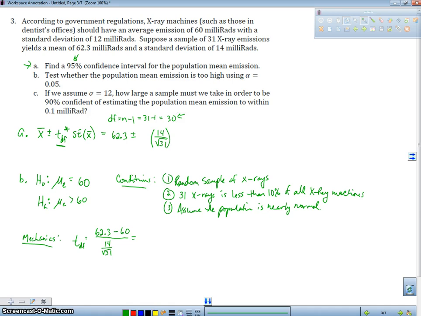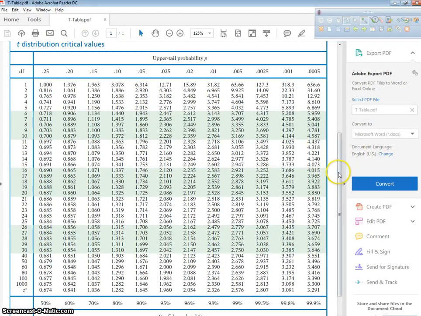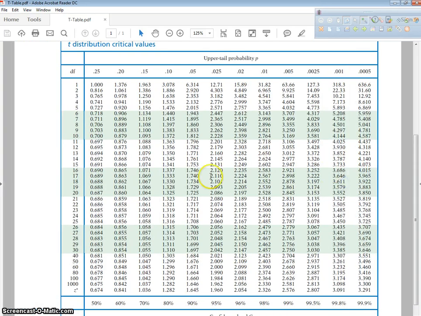So we're going to go to our t-table. Here's my t-table. Hopefully you can see this. I'm going to go to 30 degrees of freedom, so right here. And I'm going to go over to 90%. What do we want? 95% confidence? Okay, so 95% confidence.